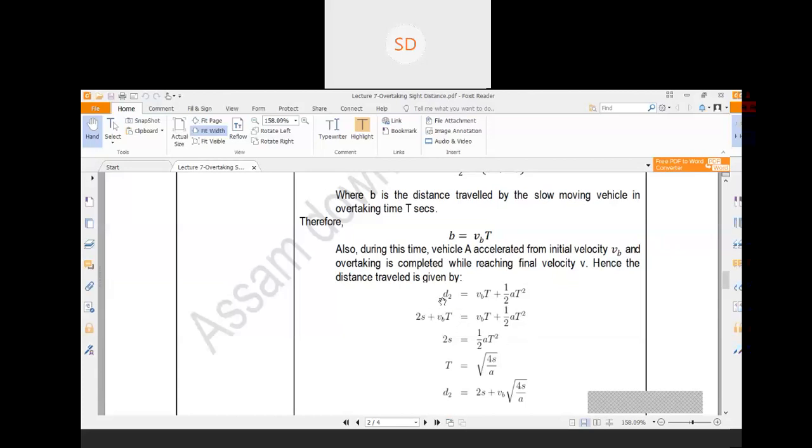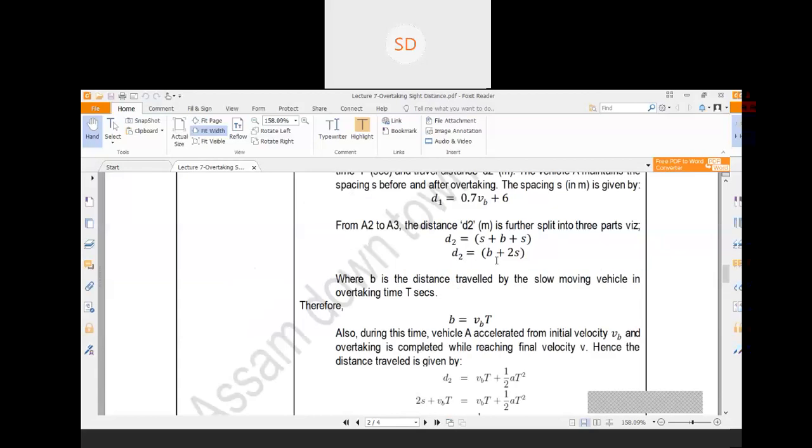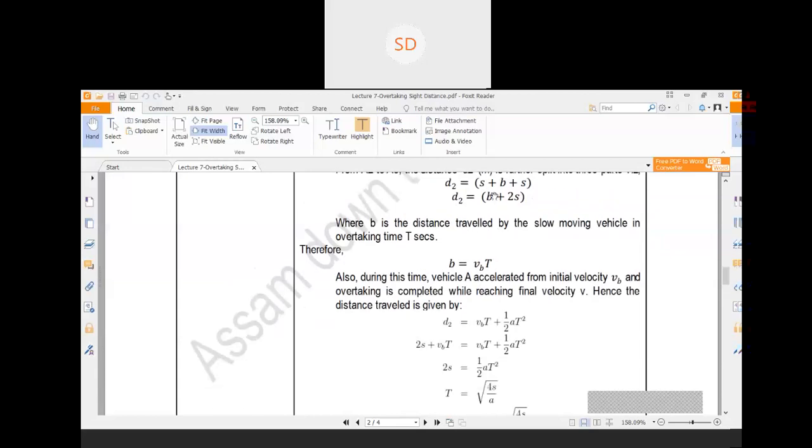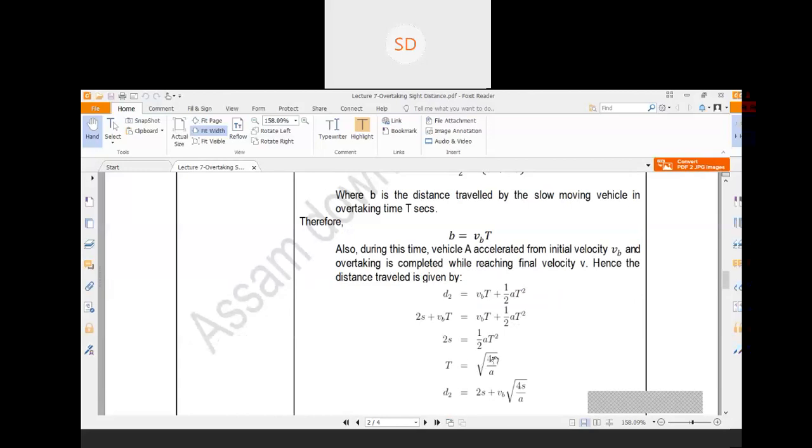Now this d2 distance, what is it? d2 is nothing but b plus 2s. Now what is b? b is Vb into T. So you can write that Vb into T plus 2s is equal to Vb into T plus half a T square. From that derivation, you will get to know what T is.